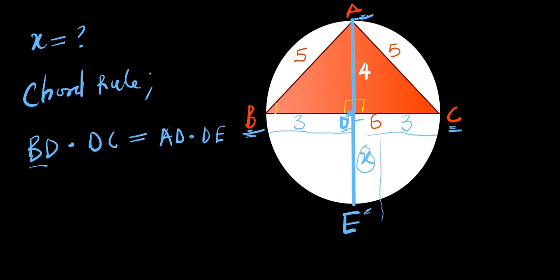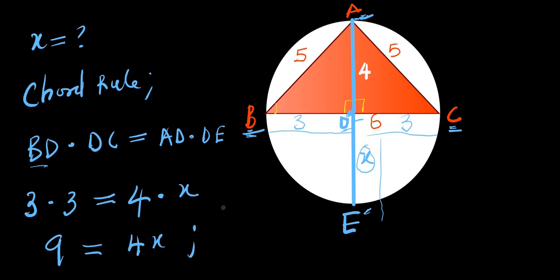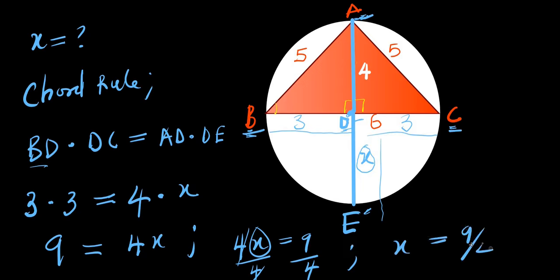And from here, BD is 3 times DC is 3 equals AD is 4 times DE is X. 3 times 3 is 9 equals 4X. So to solve for X, let's just rearrange, we have 4X equals 9. Then we isolate X by dividing this by 4 and dividing this by 4. This eliminates this, so our X equals 9 over 4.